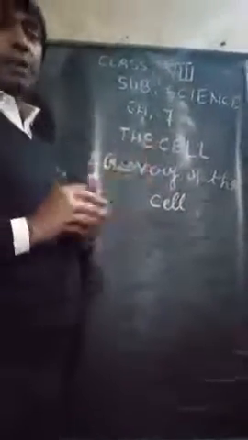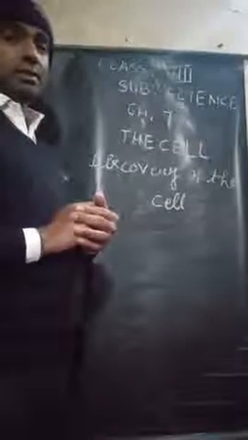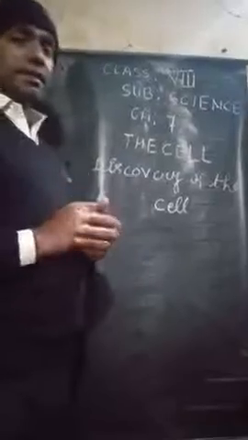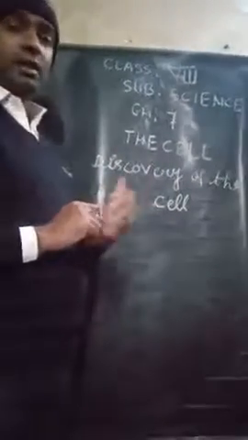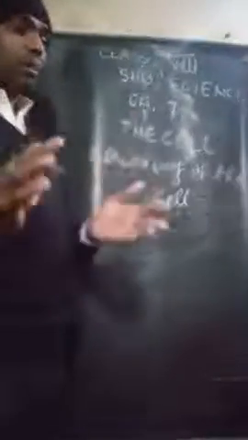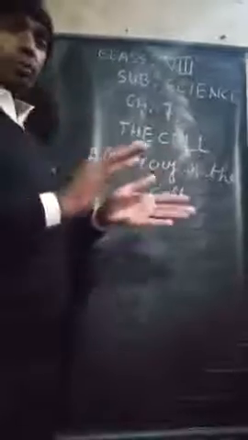The various aspects in which organisms are different are size, appearance, color and habitat. Inside size, some organisms are microscopic and some of them are macroscopic.